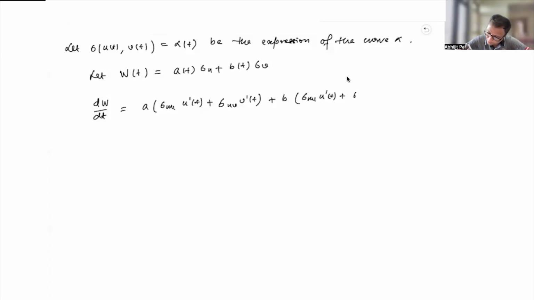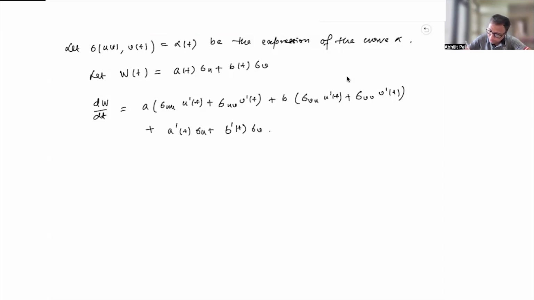Yeah, so one mistake; it will be sigma_vu u prime(t) plus sigma_vv v prime(t).